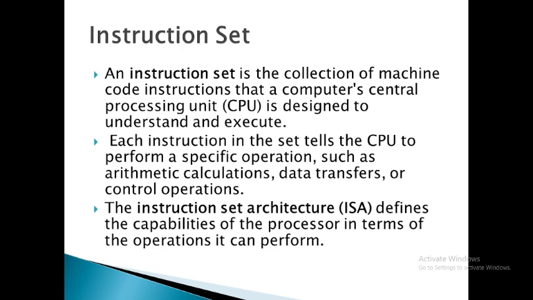Each instruction in the set tells the CPU to perform a specific operation, for example, adding, subtracting, dividing, etc. It also tells the CPU to perform an instruction such as data transfer or control operations.